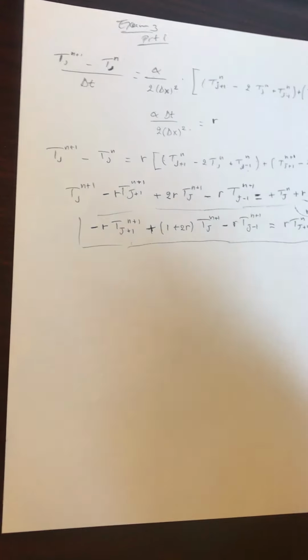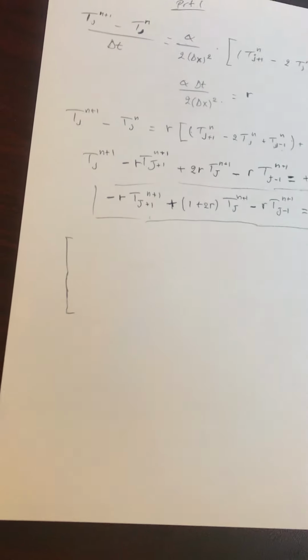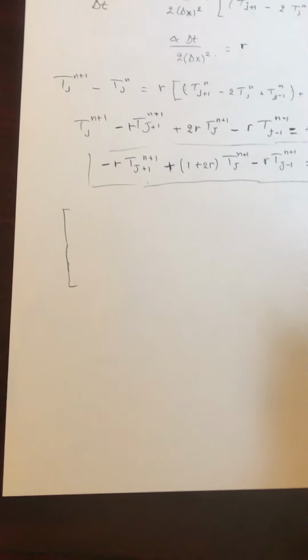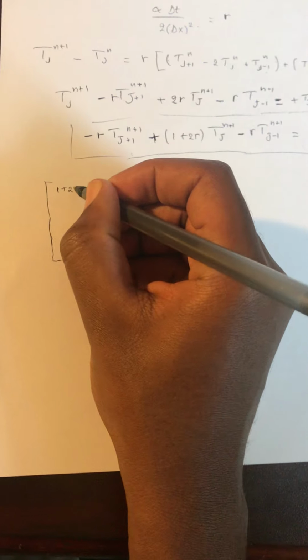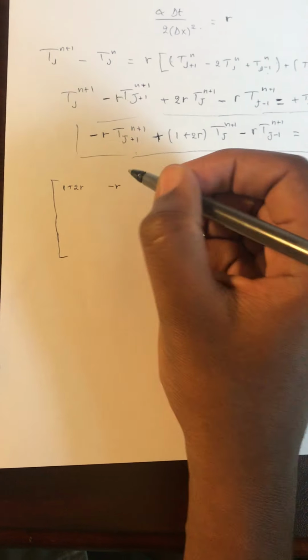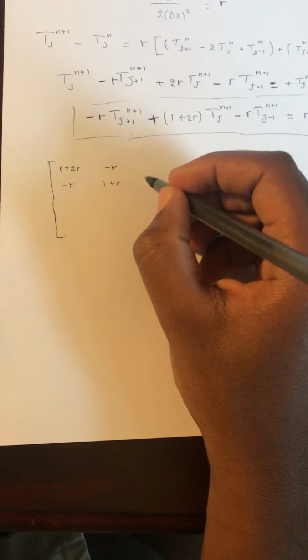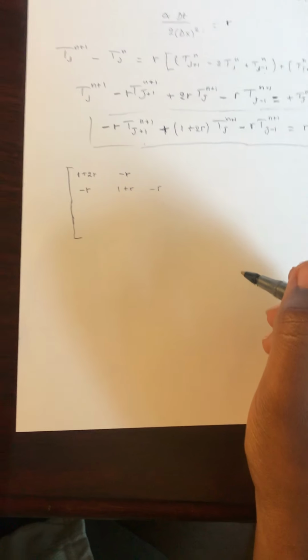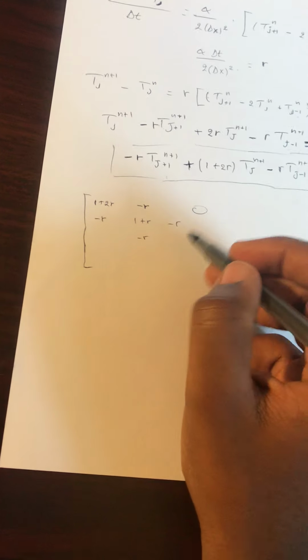Alright, and so now what we want to do is put this into a matrix, and so we're gonna start by creating, so we're gonna call this first set of values coefficients, and our coefficients are gonna go as 1 plus 2r, okay, and then we're gonna have minus r, and we're gonna have minus r, and then we're gonna have 1 plus r, and the minus r, and then we'll have a minus r here, and the rest is just zeros.